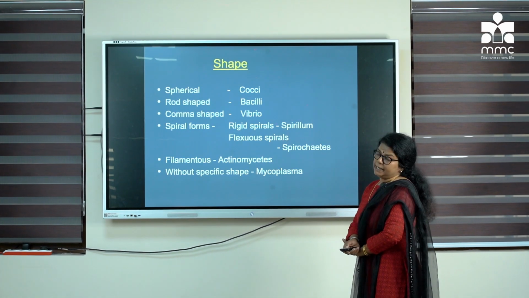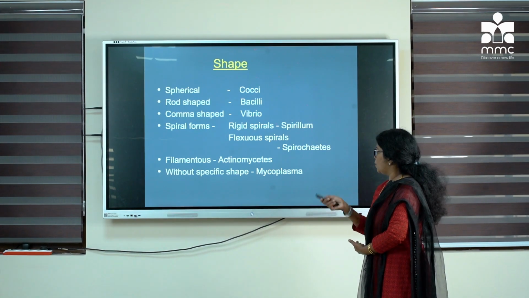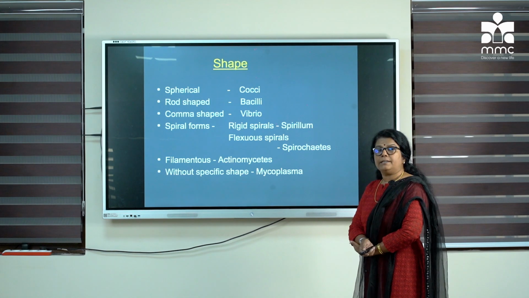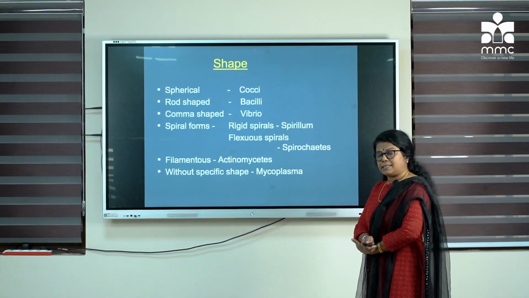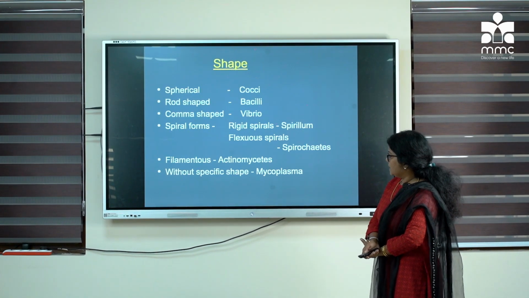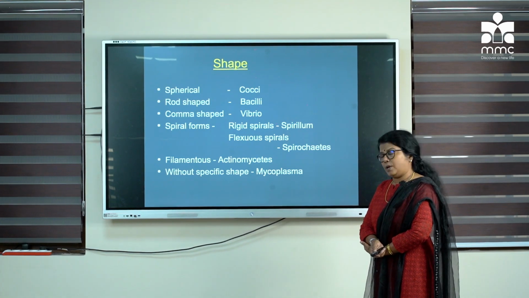Coming to the shape, depending upon the shape you can classify bacteria into cocci, bacilli, and comma-shaped ones. Spherical bacteria are known as cocci, and rod-shaped ones are bacilli, or bacillus as the singular. Comma-shaped ones, for example Vibrio cholerae, are the causative agent of cholera.